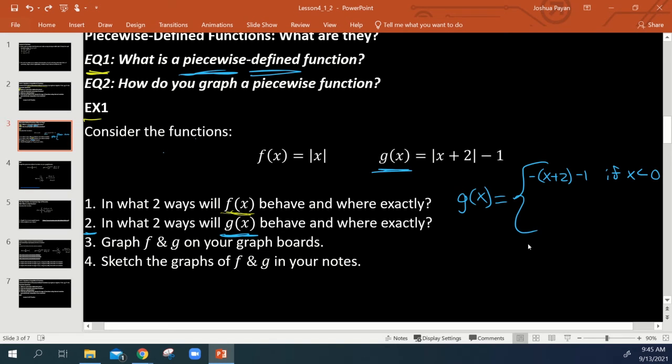That's where I'm getting this from. Or it'll behave as just regular positive x plus 2 minus 1 if x is greater than or equal to 0. Okay? And if I actually simplify that out, this would become negative x minus 3 for x less than 0, and this would become x plus 1 for x greater than or equal to 0.